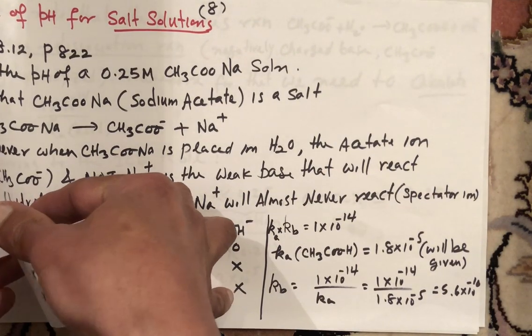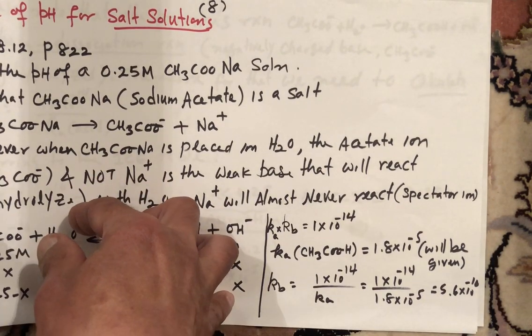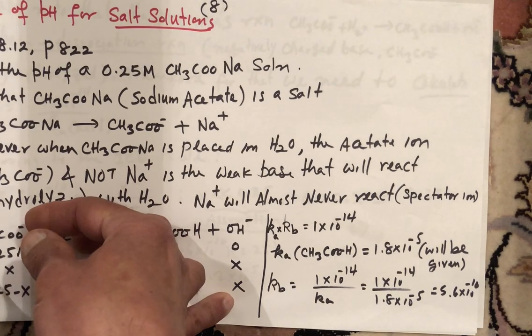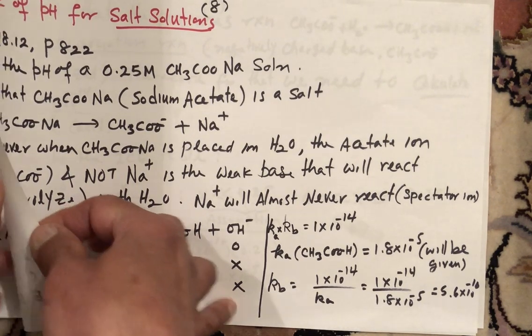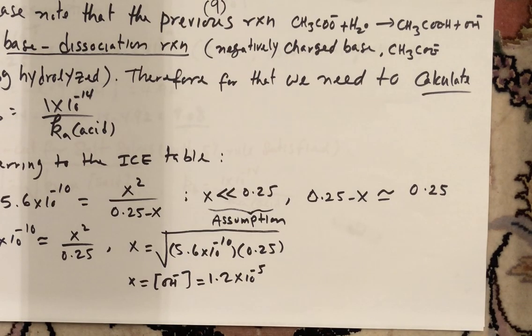So let's go to the next slide. Here we go. Okay, so again, I've indicated here that this is a base dissociation reaction, so therefore you need a Kb, not Ka.